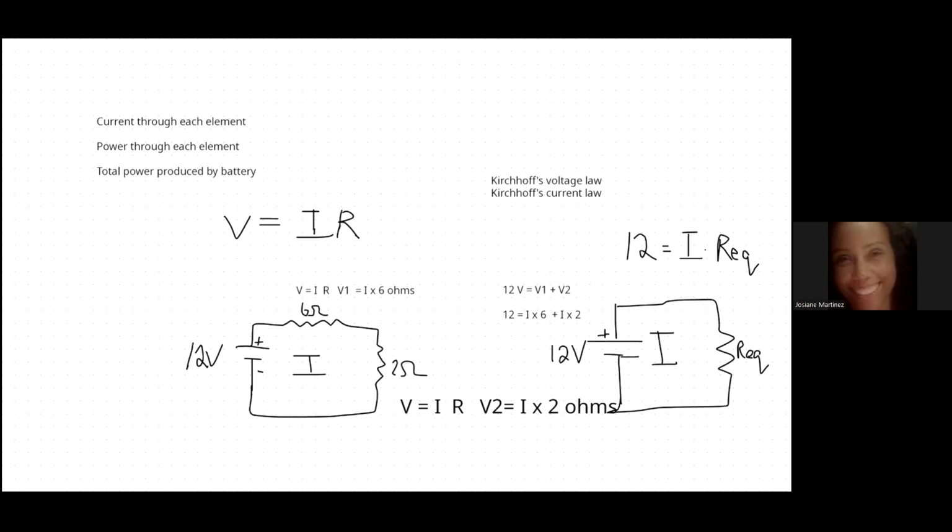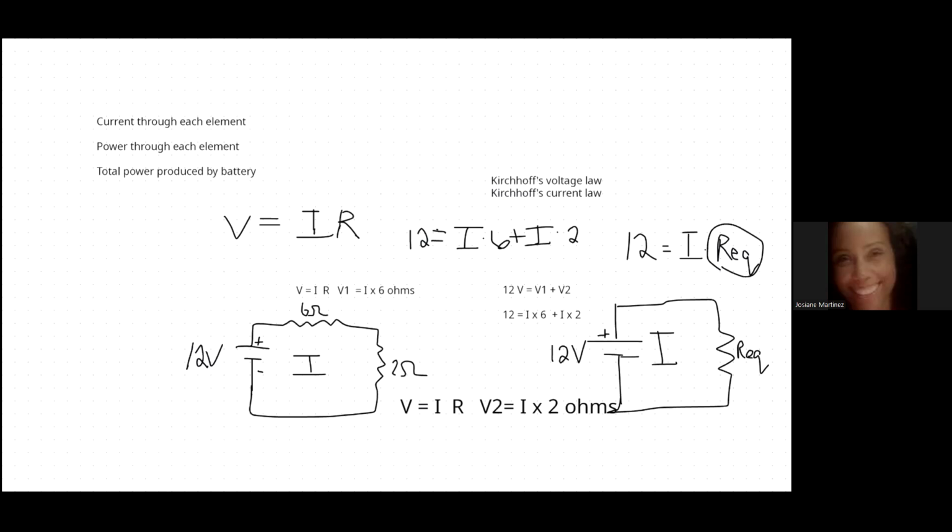So looking at these two equations, okay, let me rewrite this one over here. 12 equals I times 6 plus I times 2. If I want these I's to be the same, that means that REQ had better be 6 plus 2.